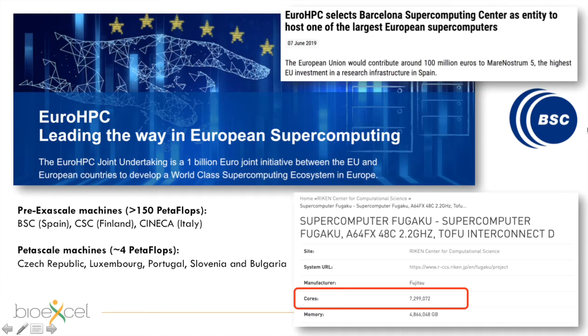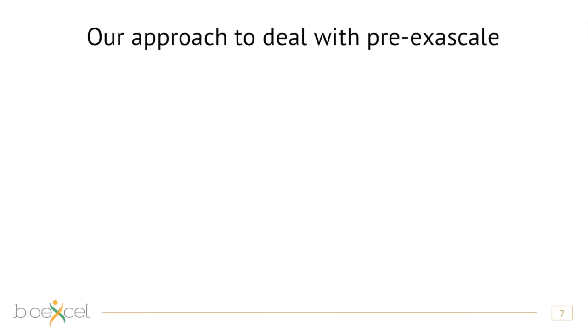Actually, in the Barcelona Supercomputing Center, we are going to build the new MareNostrum, which is one of these pre-exascale machines that will have lots of cores. I don't remember the number exactly, but millions of cores to be used in research. So we should be prepared for that.